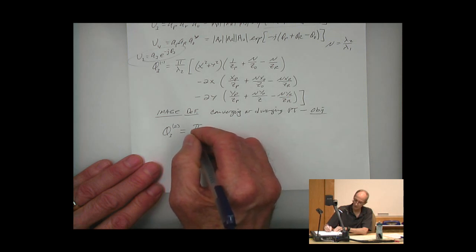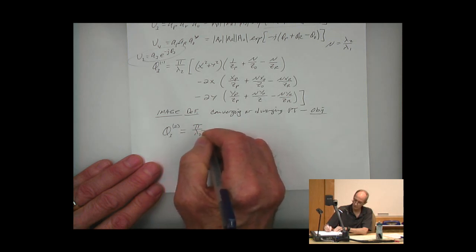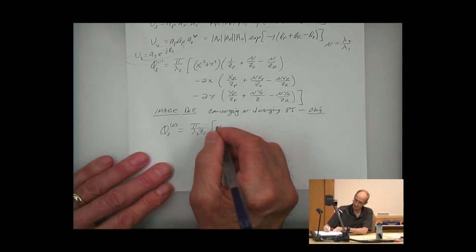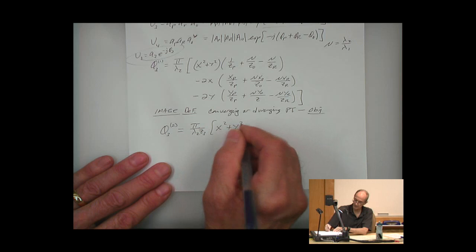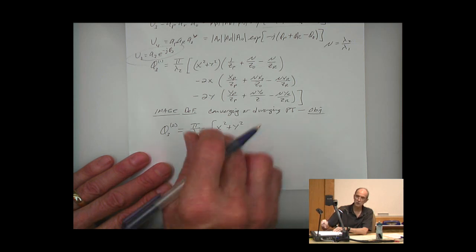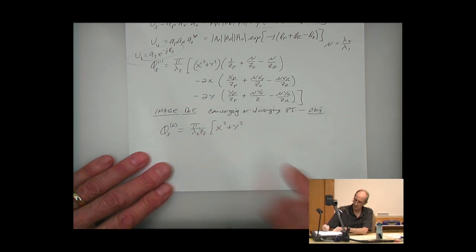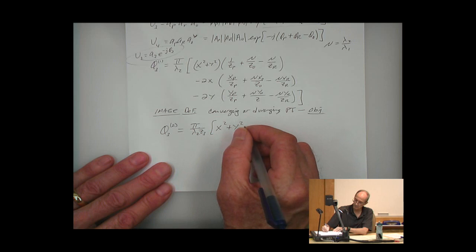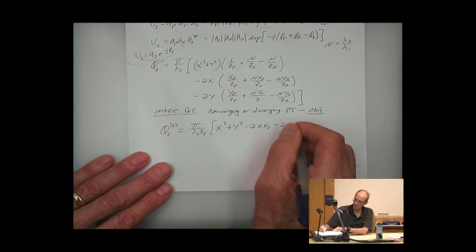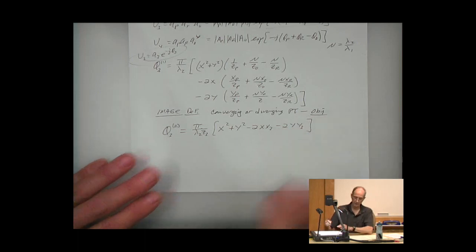So we have pi over lambda 2 z3 times x squared plus y squared. Again, we're taking a phase from a point in the hologram to the image point. So we have x squared plus y squared minus 2x x3 minus 2y y3.